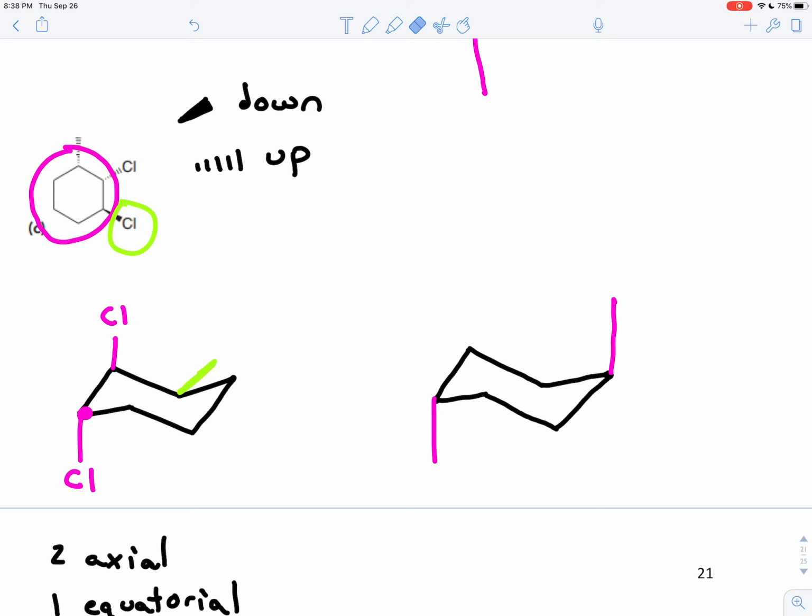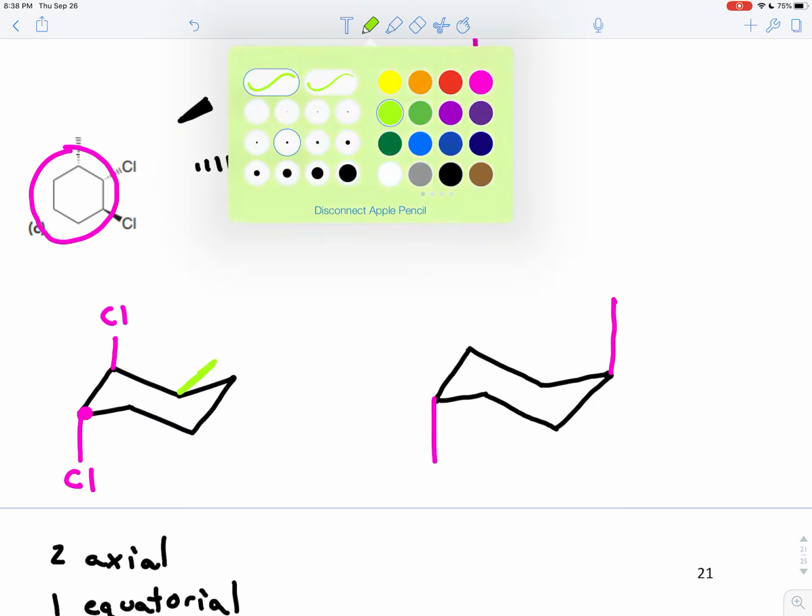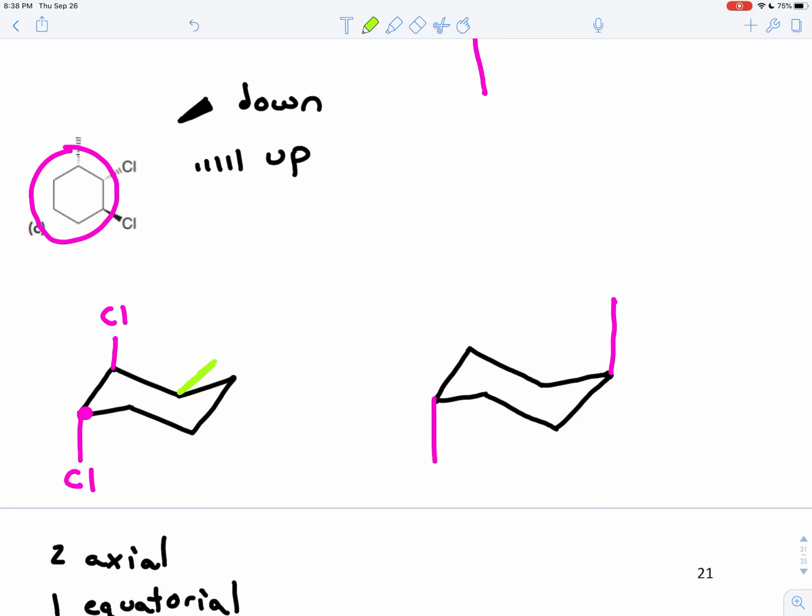Now, this is pointing down, a solid wedge, so it's going to be pointing down. Before we did it axial, now let's do it equatorial. Equatorial down, that's over here. And the reason why that's the equatorial down is because if this is axial up, every carbon has an axial and an equatorial in opposite directions. So if this is axial up, then it's equatorial down.